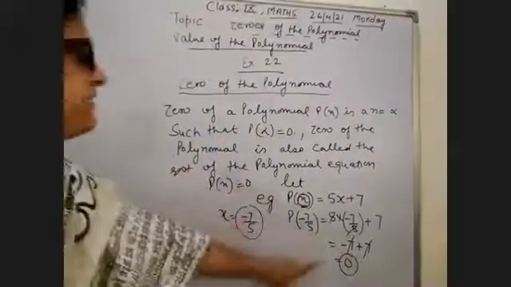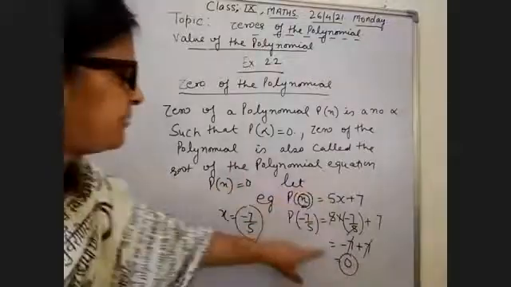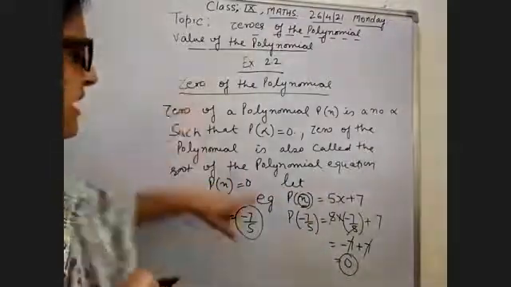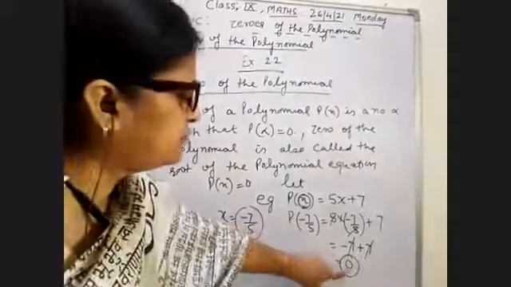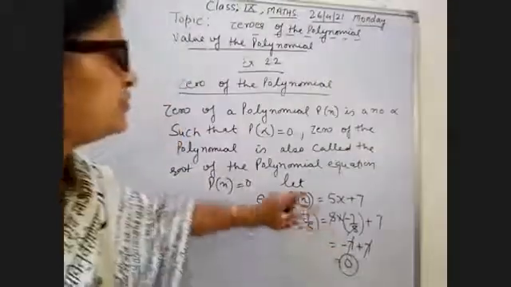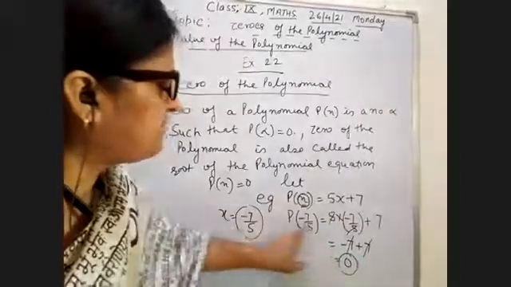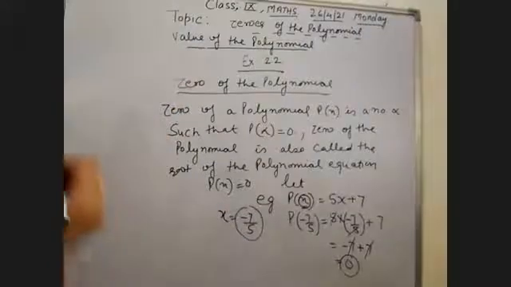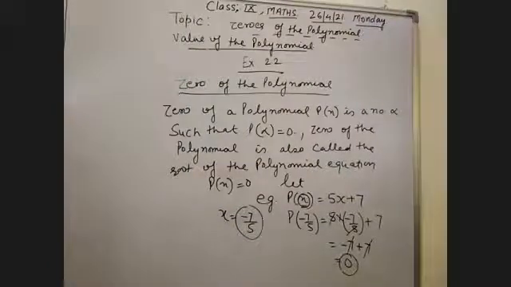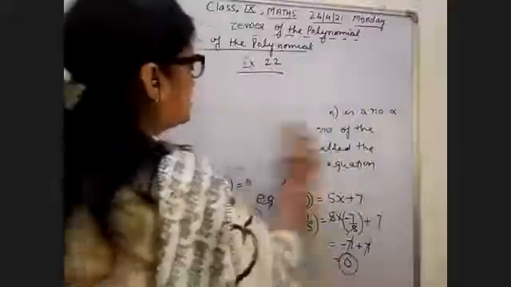So how will I get the 0 of the polynomial? By putting the value minus 7 upon 5, I get the root of the equation equal to 0. This minus 7 upon 5 is called the 0 of the polynomial. Okay, one question by the example. Again, I will tell you how we find the 0 of the polynomial.